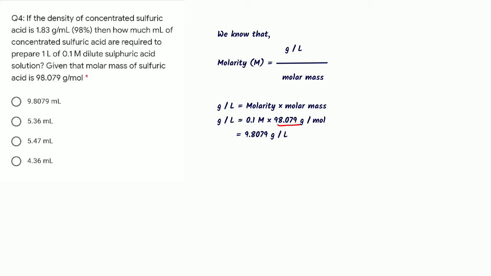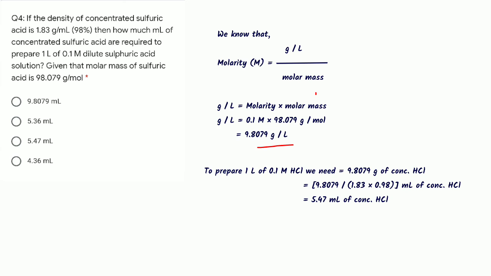So it will be 9.8079 gram per liter. What is the meaning of it? To prepare 1 liter of 0.1 molar dilute sulfuric acid, we need 9.8079 gram of concentrated sulfuric acid.